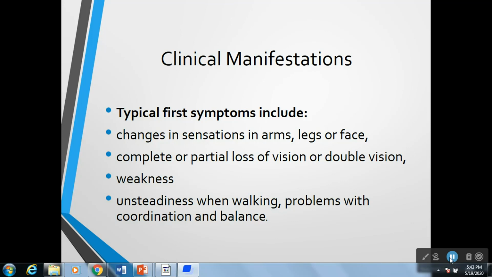The onset is slow and insidious, so it doesn't happen all of a sudden. A lot of times, people having these symptoms may not automatically think, oh, this is multiple sclerosis. Sometimes they would attribute it to, oh, I'm just stressed or I'm just tired. So the symptoms could be very vague at the beginning, even for the first couple of months to years before a person would even seek any kind of medical advice.